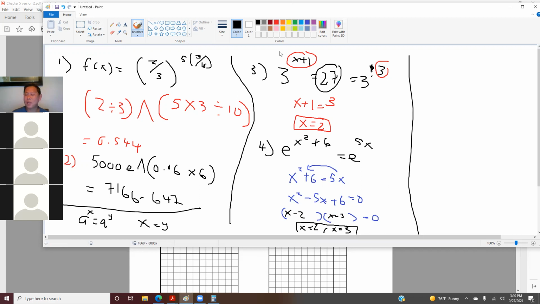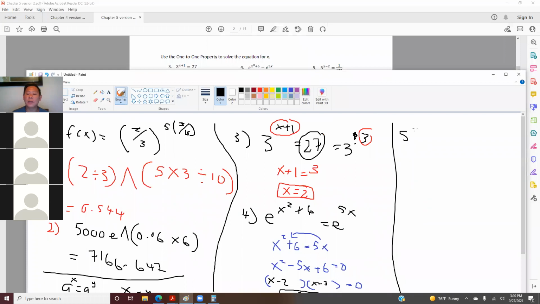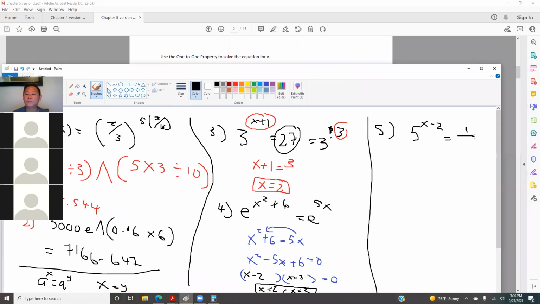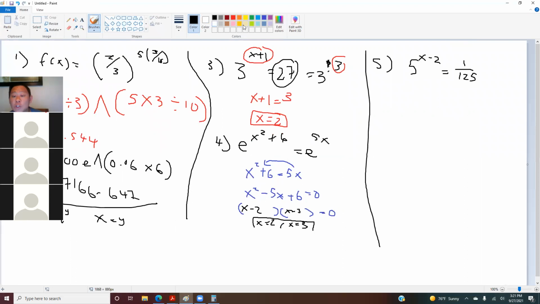It's very similar, but question 5 is a little bit tricky because it's asking for 5^(x-2) equals 1 over 125. Again, in order to use the one-to-one property, we have to change this into a power of 5.